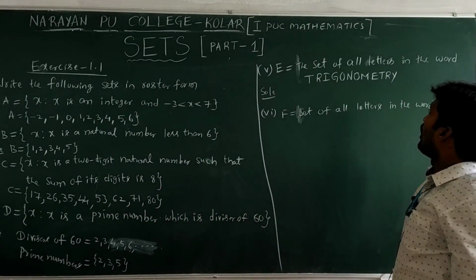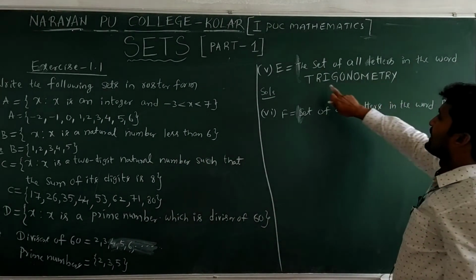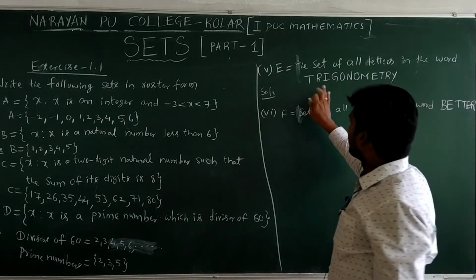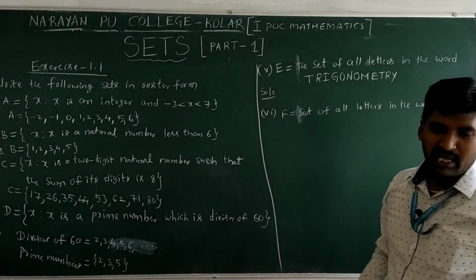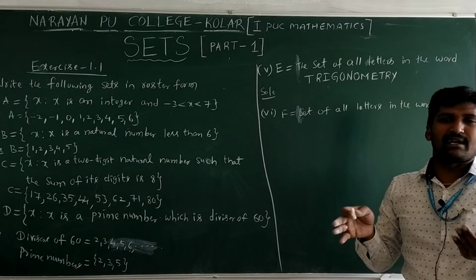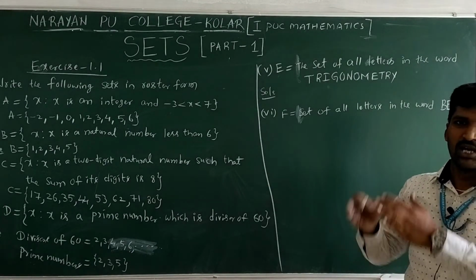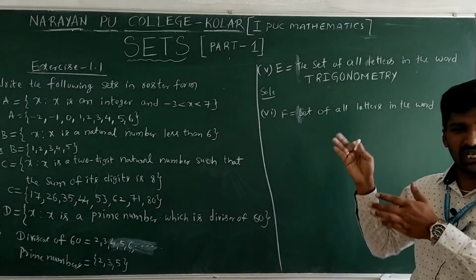The set of all letters in the word trigonometry. In this, some letters are repeated. While writing as a set, repeated letters no need to take 2 times, 3 times. No need to write all times. One time is enough.